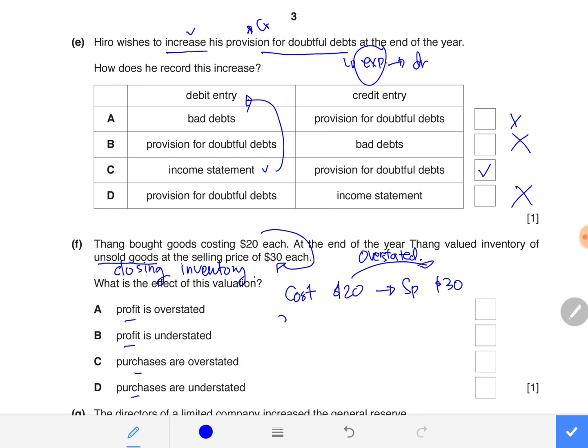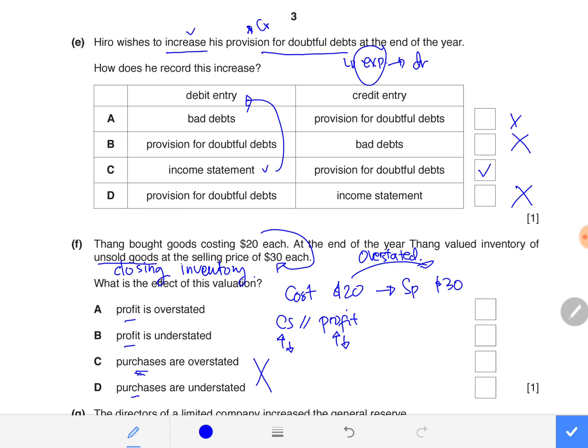Closing inventory has a parallel effect to profit. If your closing inventory increases, your profit also increases. If closing inventory decreases, your profit also decreases. Meanwhile, purchases has nothing to do with closing inventory, so we can eliminate purchases.